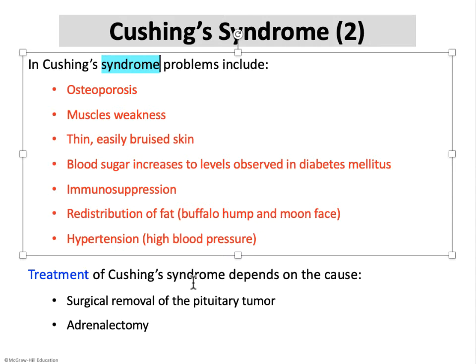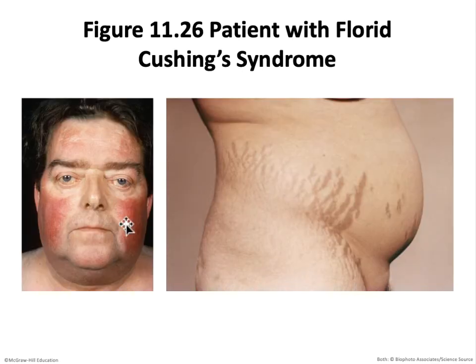The treatment for Cushing's syndrome depends on the cause. It could be the removal of the pituitary tumor, or it could involve cutting and removing parts of the adrenal gland itself. A general shared characteristic of people with Cushing syndrome is a flushed face with stretch marks due to excessive weight change.